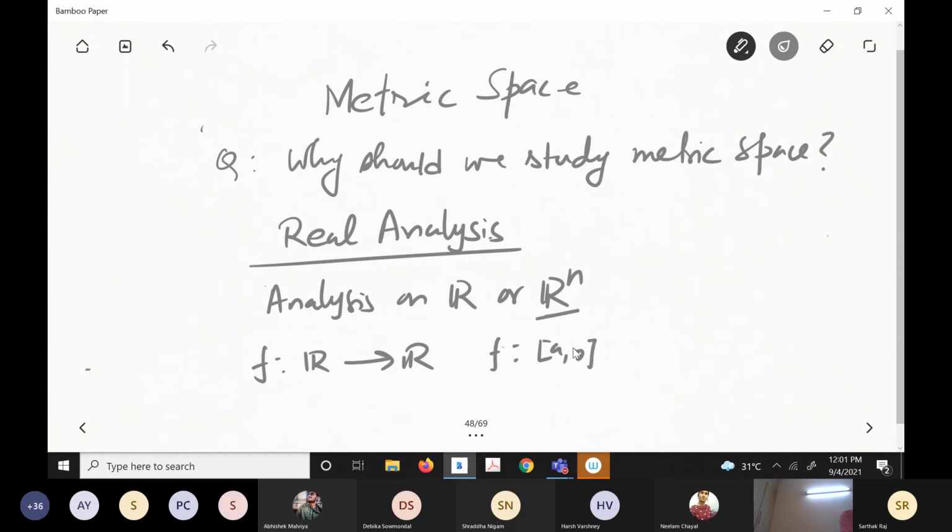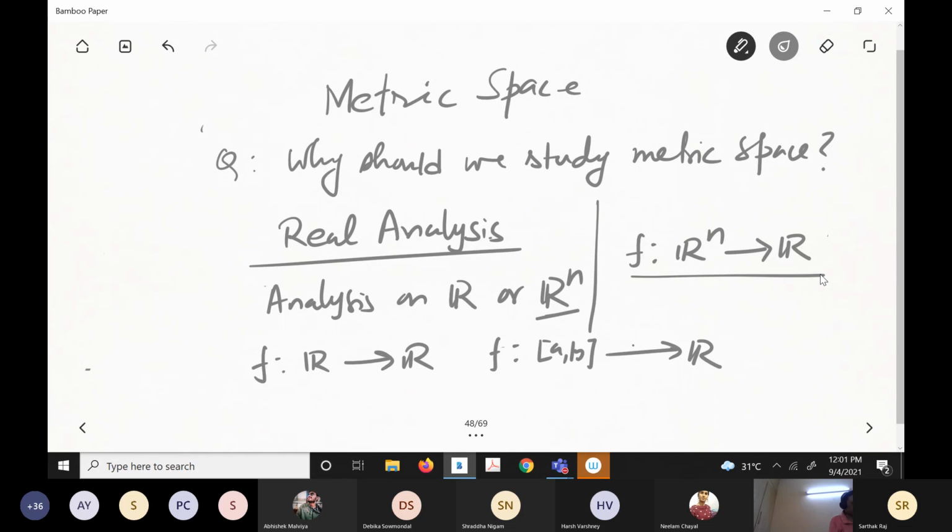But that is also a subset of the real line. Or you have done something like this: functions of several variables. Now look, if you go back, even in your calculus, derivative, continuity, first you looked at continuity.